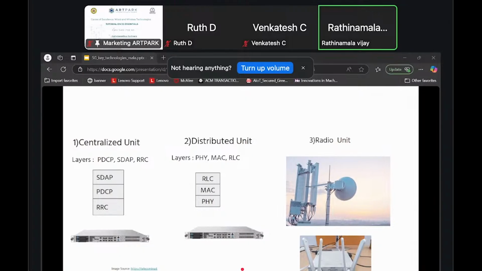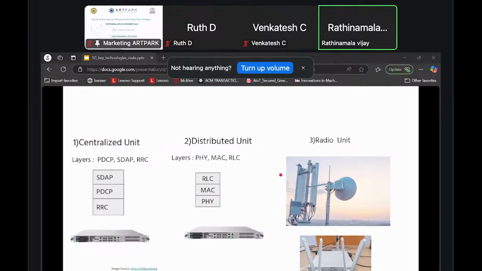The distributed unit also may look like a server, and it also has ports for synchronization and communication links like Ethernet ports, optical ports, or millimeter wave communication. Antennas can be connected to the ports shown here.